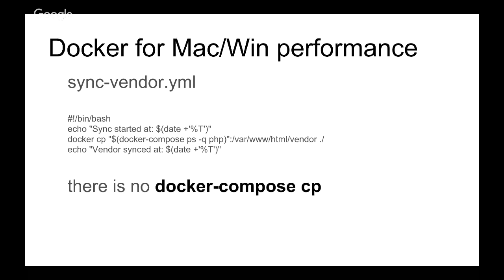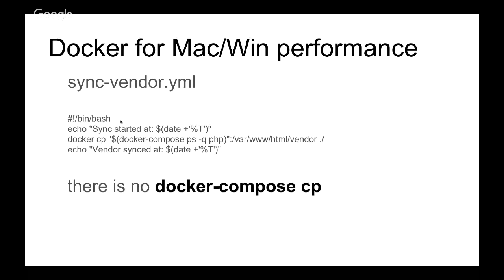but there was a little complication, as Docker Compose does not know exactly all Docker commands. Docker Compose knows, let's say, exec, logs, and things like that, but copy was not one of them.